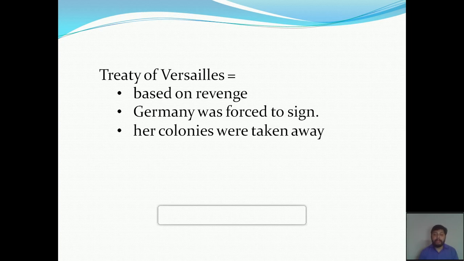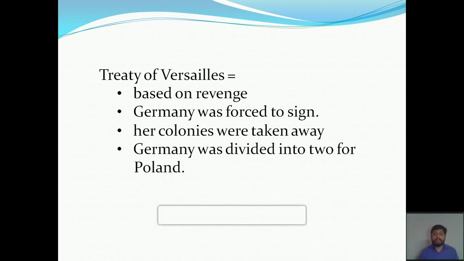And again, Germany was divided into two for Poland. The countries caused a lot of destruction, and they demanded compensation, and in order to meet their needs, Germany was divided into two and given to different countries, and her colonies were taken away and declared independent.